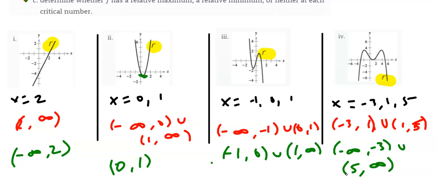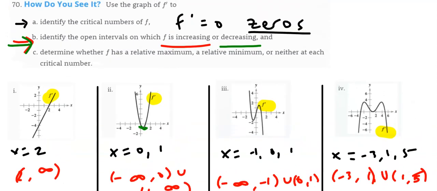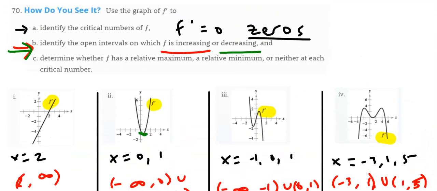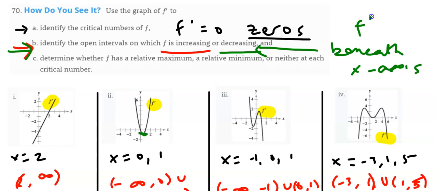And again, the reason I knew that is this is where f prime was underneath the x-axis. And again, this one, f prime is above the x-axis.